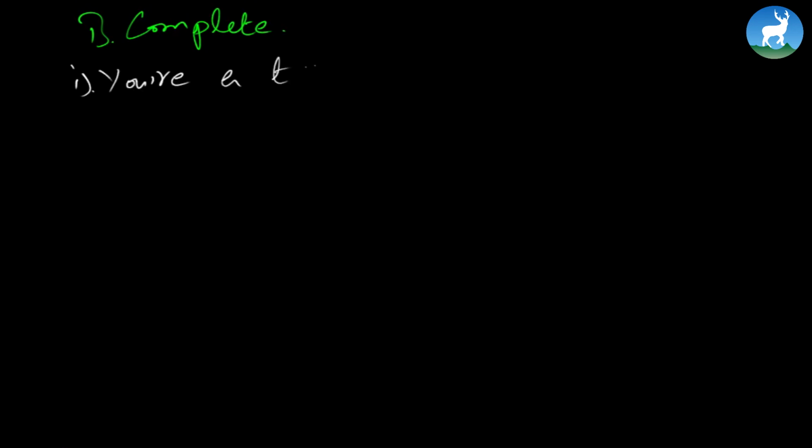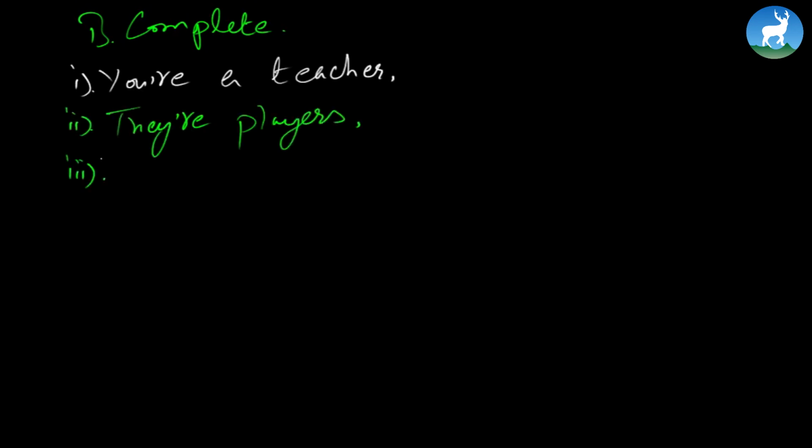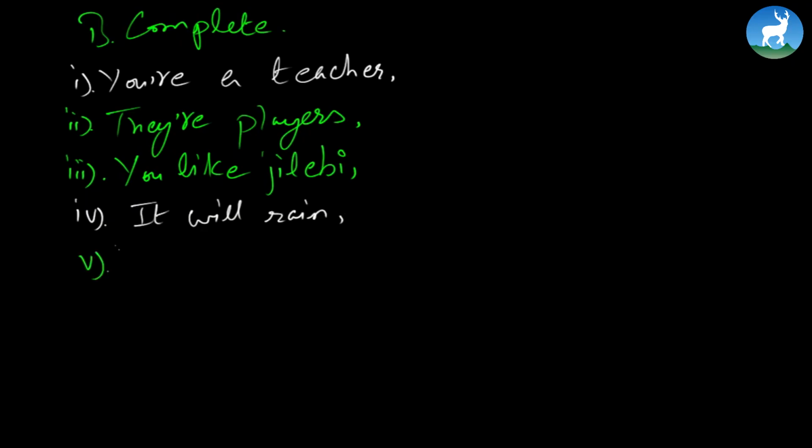Number 1, you're a teacher. Number 2, there are players. Number 3, you like jalebi. You like jalebi. It's a sweet we commonly know as jilebi. Okay. Number 4, it will rain. Number 5, you took my pen.